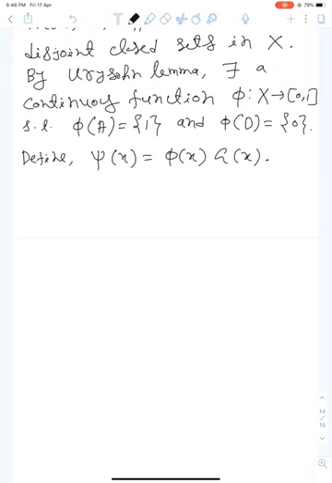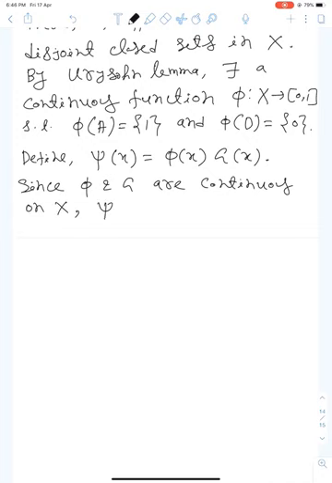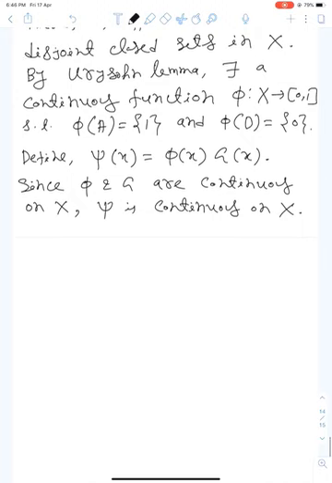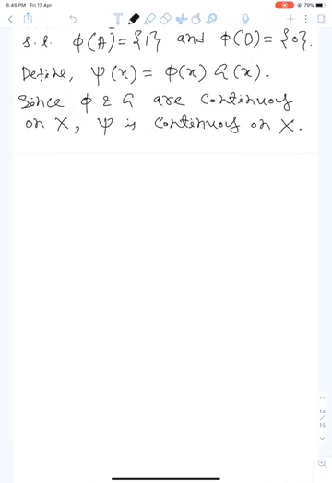Now you can just note that, since phi and g are continuous on X, psi is continuous on X. Now we claim that the function psi is a continuous extension of the function f.